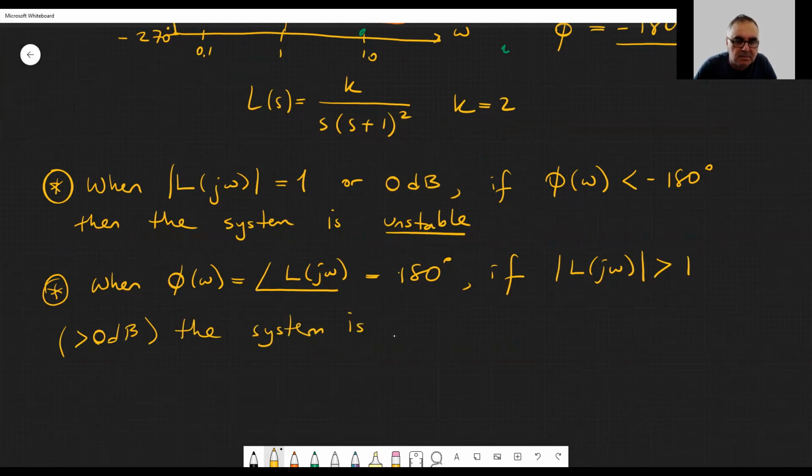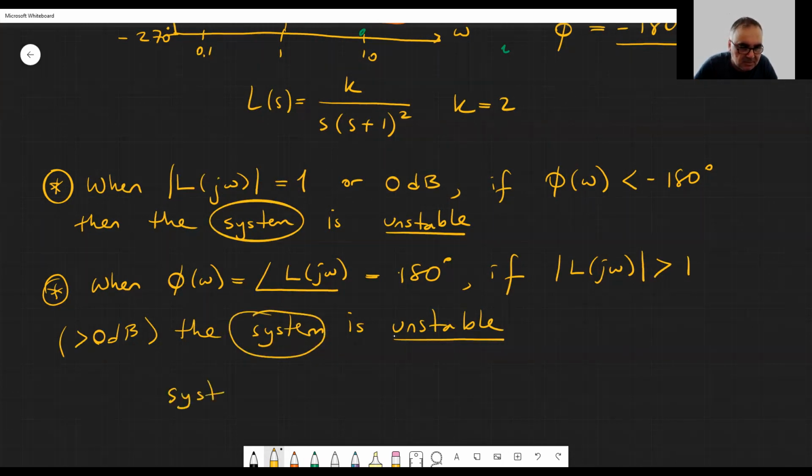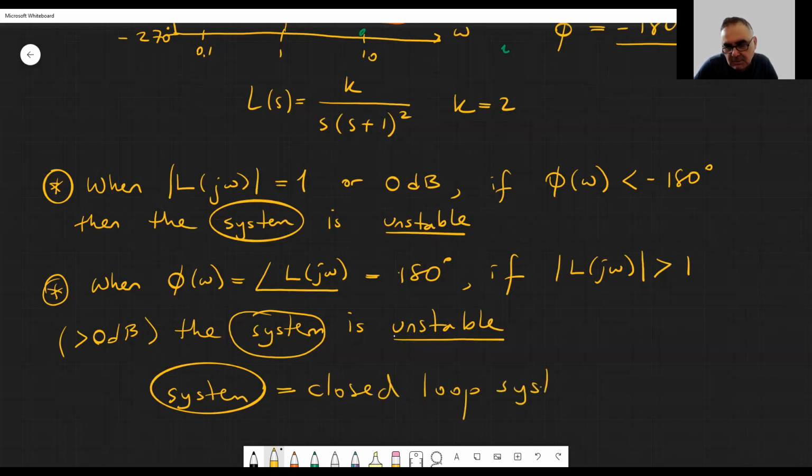When I say the system, I should say, let me just clarify what I mean by the system. The system, which I put inside this, I mean the following: the closed loop system.